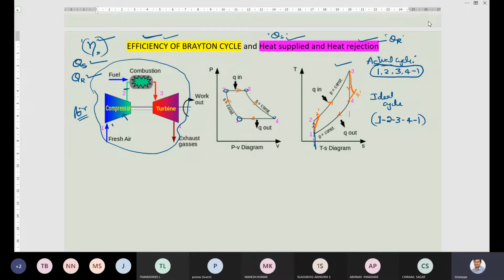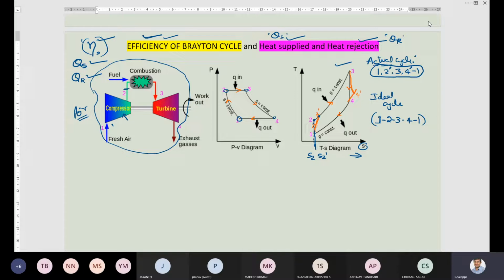Just observe, my dear students, ideally the point is S2, but the actual process is S2 dash. So there is a slight increase in entropy along the x-axis. So if I ask you to write what the actual cycle is: 1, 2 dash, 3, 4 dash, 1. So this is the actual cycle.